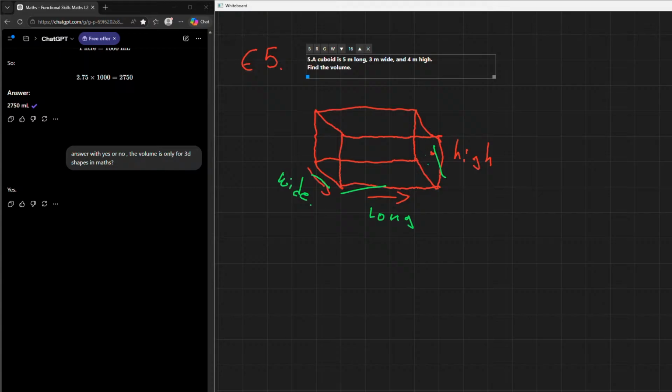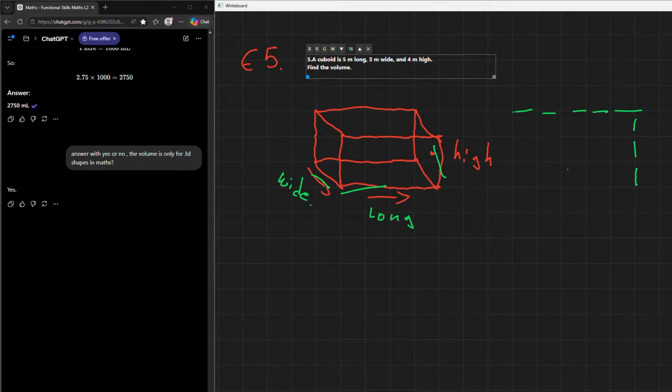But then the height is not the same, because I didn't calculate the actual. But if we calculate 1, 2, 3, 4, 5, and then 3, 1, 2, 3, and then we have 4 high, how are we going to do the height?